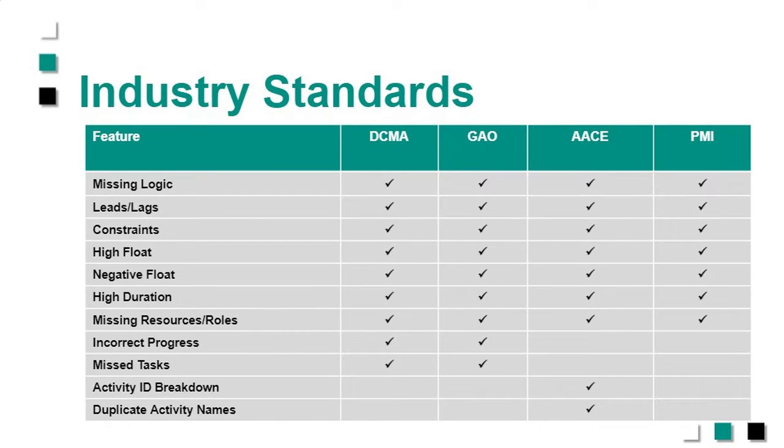Now, if any of you have gotten into conversation, discussion on standards and what makes a good schedule, it can get pretty heated. Now, there are standards out there, and what you're going to find is P6-QA will help you adhere to many of the standards.